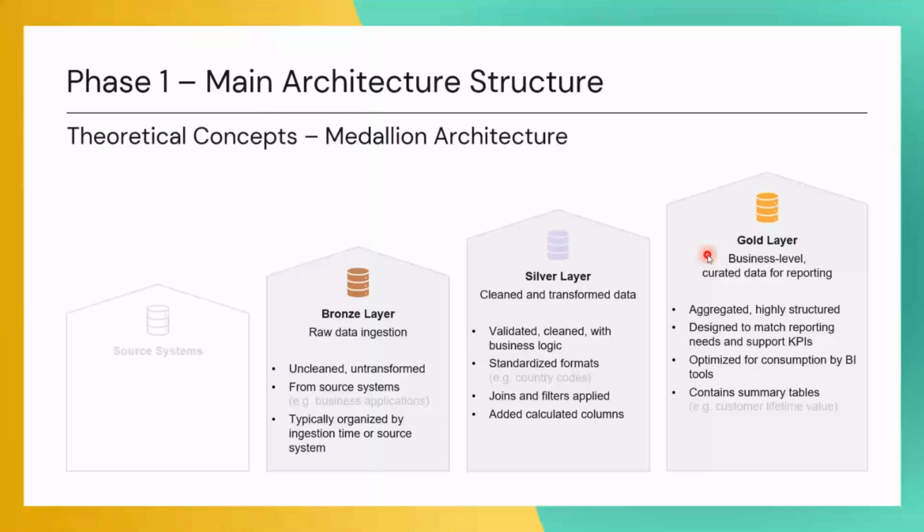Here, if we want to check whether an inconsistency was caused by the source system or by our transformations, we could simply compare the data in the bronze and silver layer to find out.